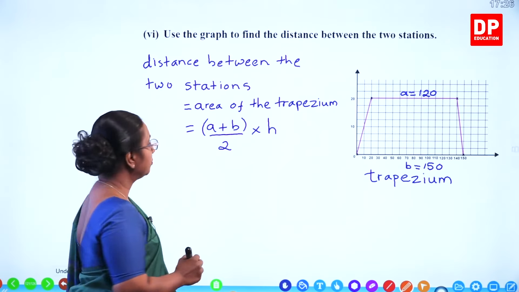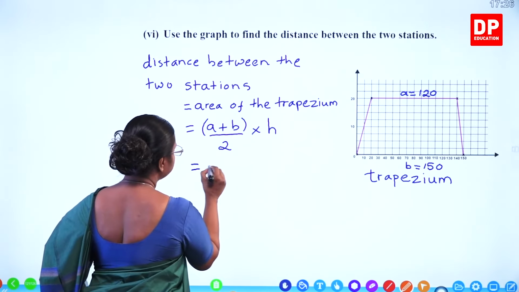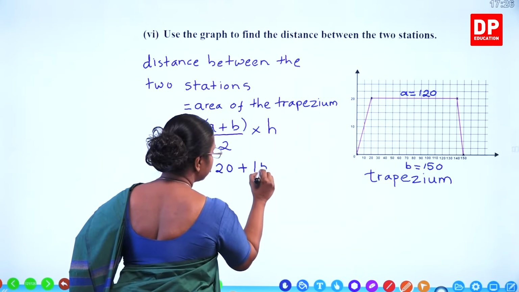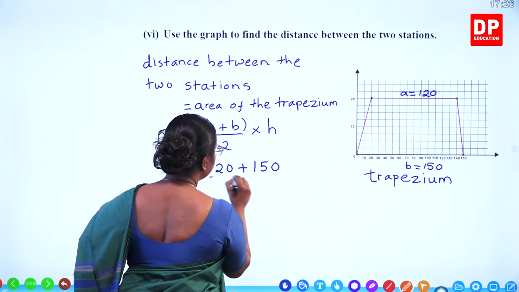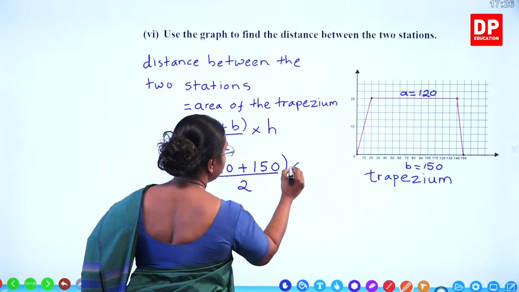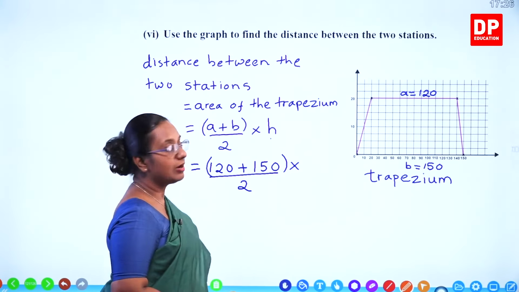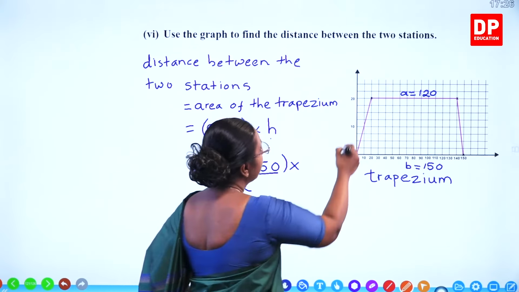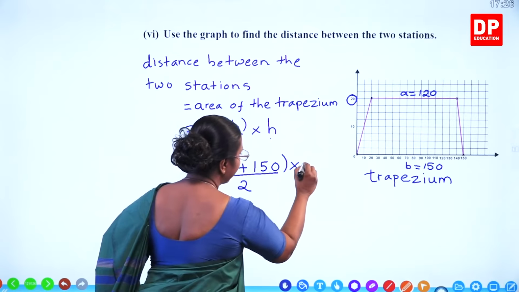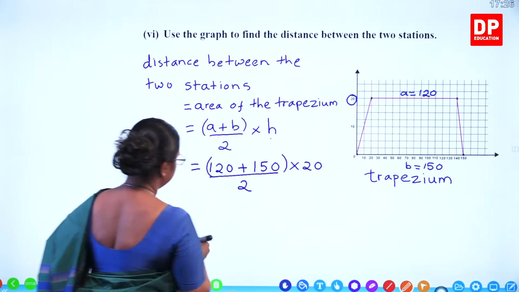We will substitute the values here. 120 plus 150 divided by 2 into the perpendicular height h. That is this value 20. So we write that here 20.